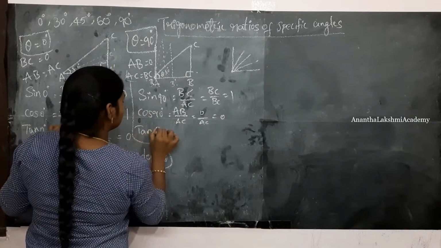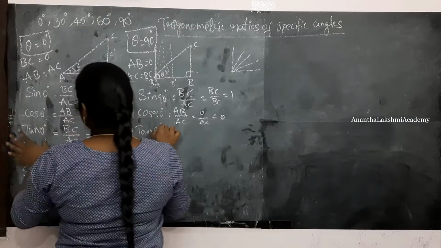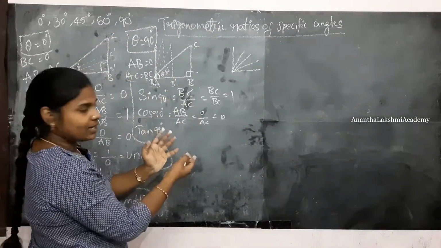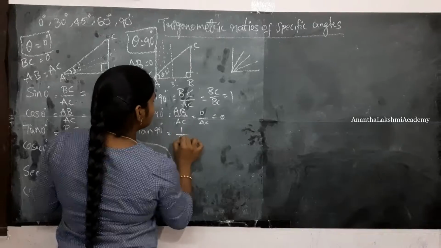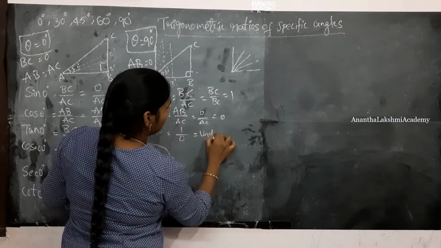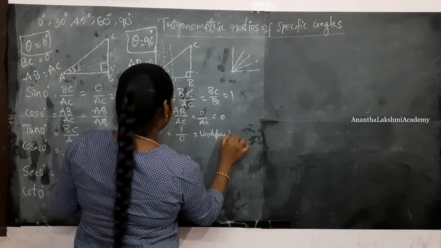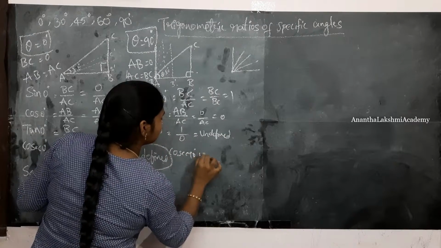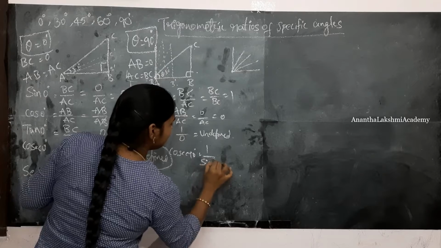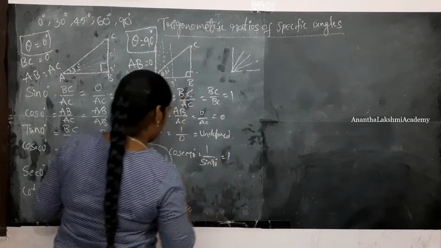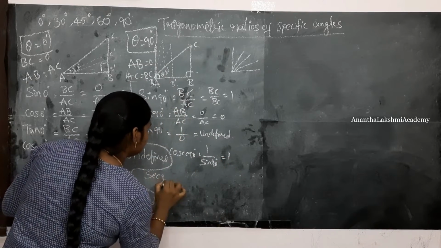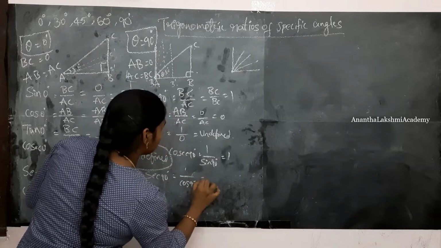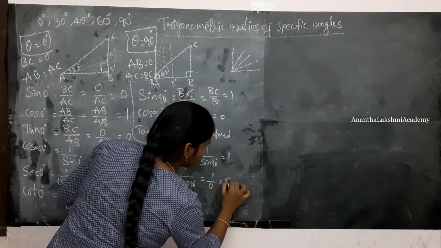Tan, here for tan 0, I have figured out the sideways. Right now, let me take it as sine by cos. What happens? 1 by 0, which is nothing but undefined. Can we get the value of cosecant 90? Yes, which is 1 by sine 90, 1 by 1, which is nothing but 1. Secant 90 degrees is nothing but 1 by cos 90, which is 1 by 0, undefined.